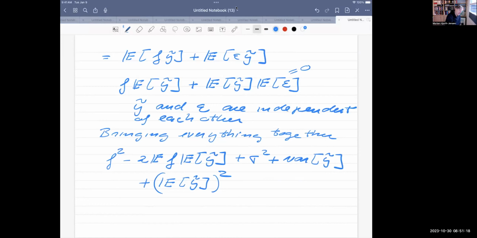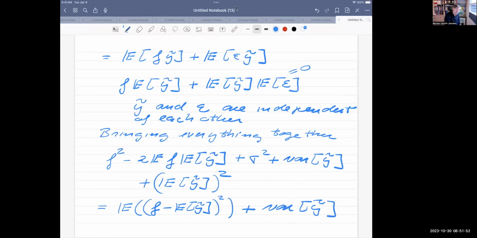If you look at the terms you have here, we can actually collect them and rewrite them as the expectation value of f minus the expectation value of y, and this quantity is squared, like this, plus the variance of the model itself, plus this sigma squared.